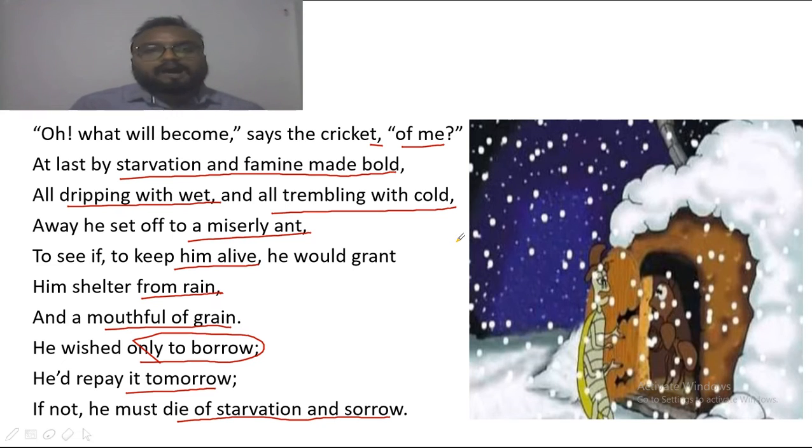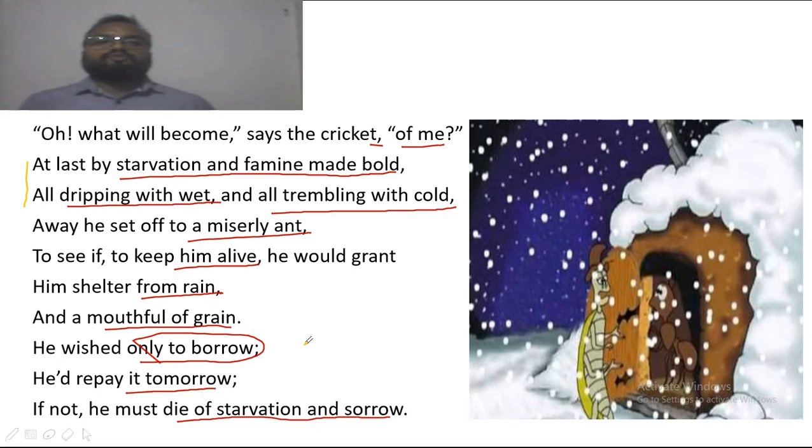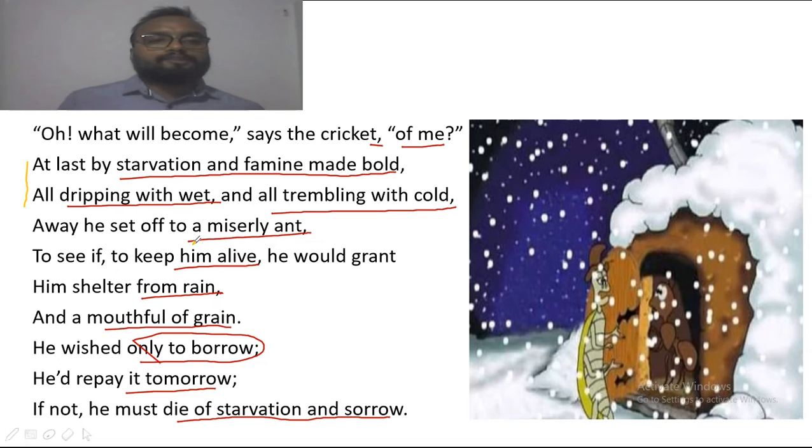So now he had nothing to do, the only thing that he could do is either to borrow something from someone or to wait to die. So now what he did, he thought that he should better go to the miserly ant.